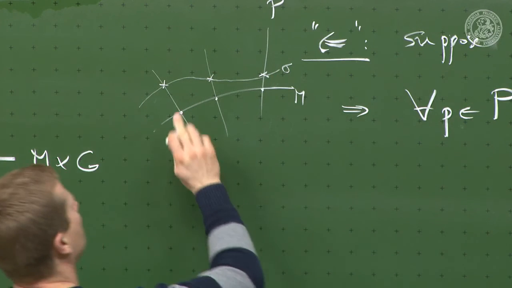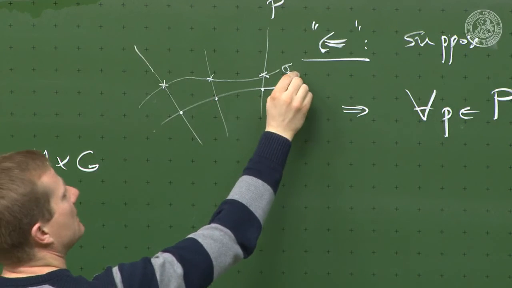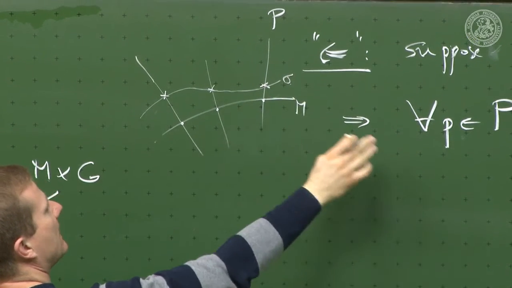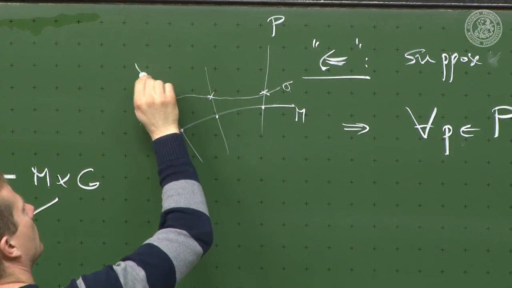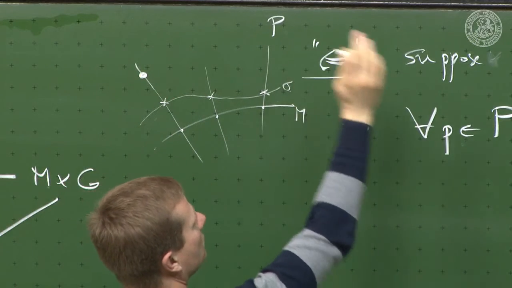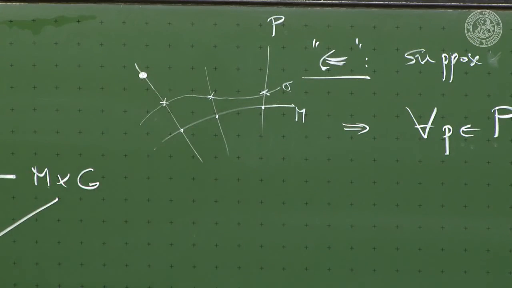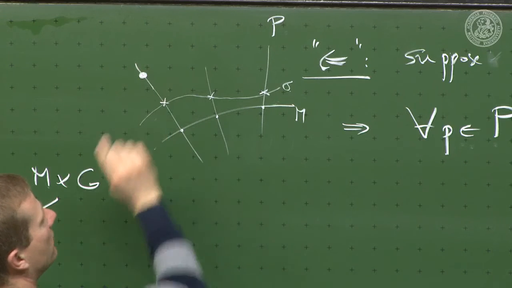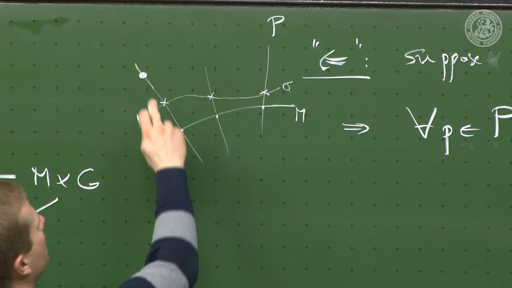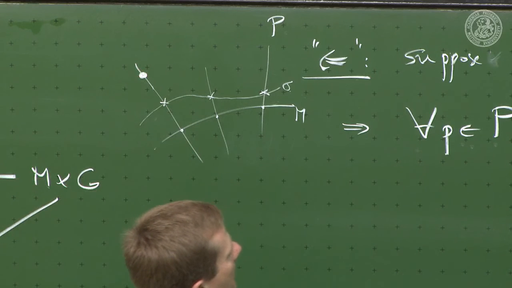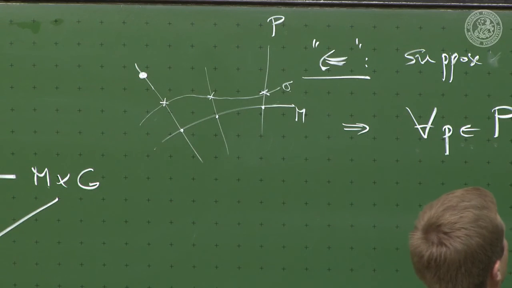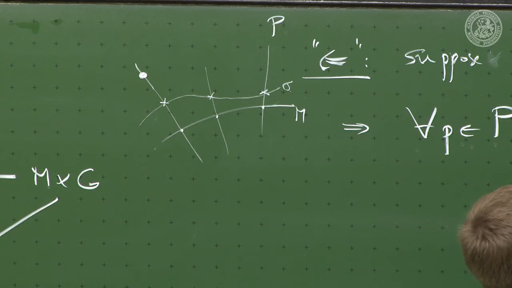But now I pick in a fiber, so the sigma is given, and now I say I go to a certain fiber. Well, no, I don't go to a certain fiber. I don't go to any point in the bundle, but that will necessarily lie in some fiber. Okay? And then I have this point P, and I can compare it with the point I get by first projecting this point P down.